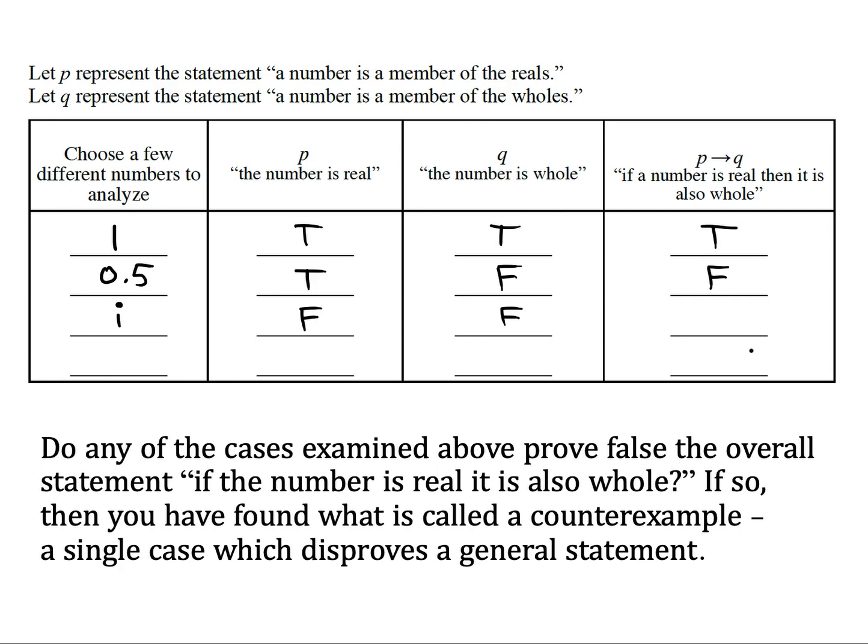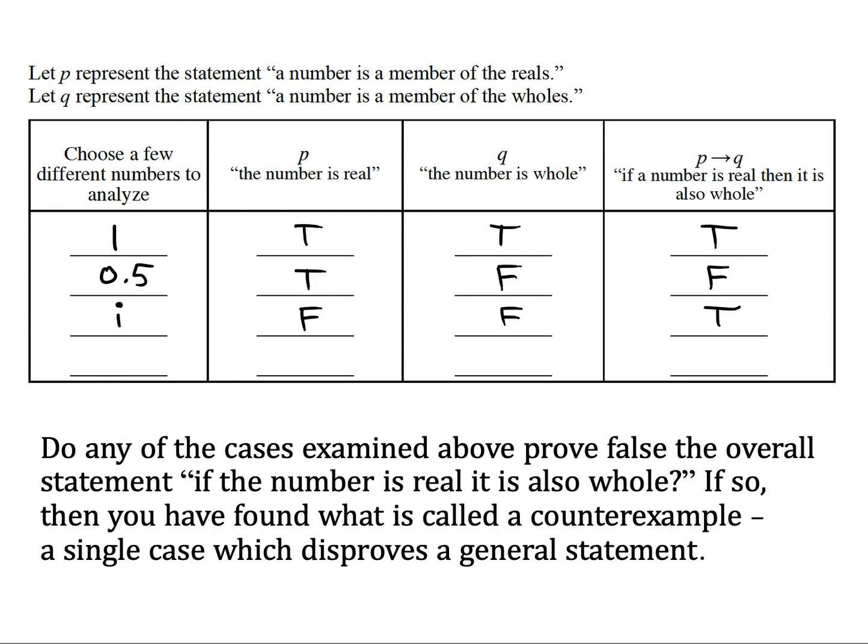So what do we put? Is i evidence in support or evidence against? Well, the answer is neither. We'll leave the statement true by default because i alone does not disprove it.